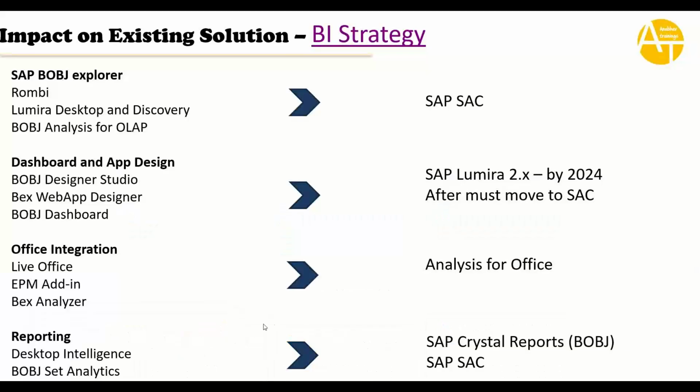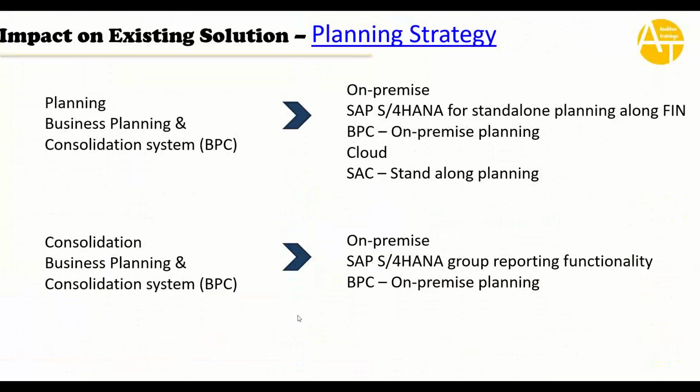Okay. Now coming to the planning. Today, as I told you, for financial planning and consolidation, we are already using an on-premise solution called SAP BPC. BPC is not going to be discontinued. It is going to continue as it is. SAP is maintaining this solution and also coming with the latest releases. But if your company wants to do planning in the cloud, not on-premise, the only choice you have is to go to SAP Analytics Cloud.